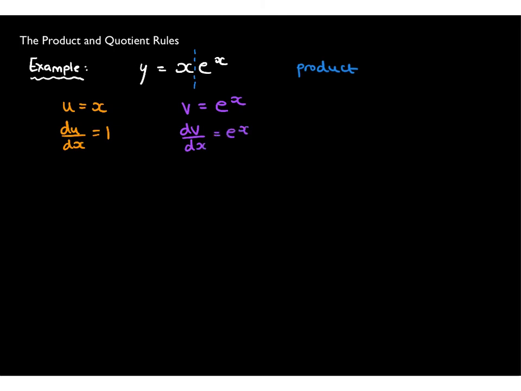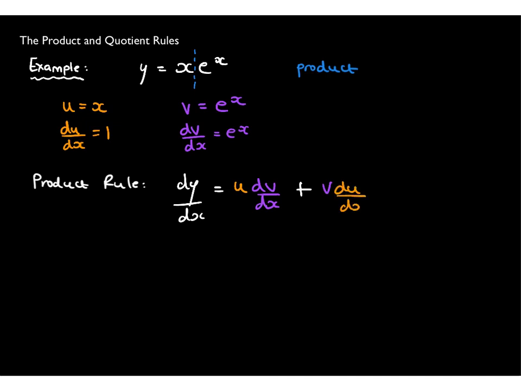Now, what does the product rule then tell us? The product rule then tells us that dy by dx is equal to u multiplied by dv by dx plus v multiplied by du by dx. So this then becomes very easy to set up. So we want the pairs across here and here.